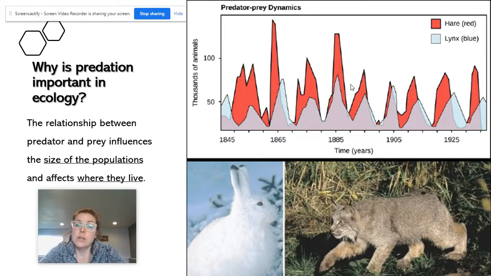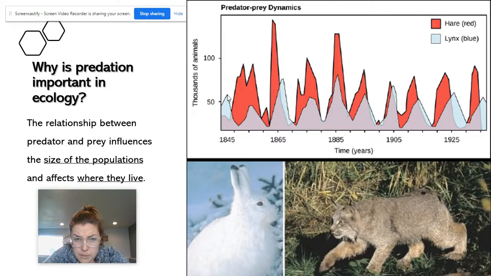Little background. We have number of animals on this side, and we have the time on here. So over time, both populations fluctuate. Are they influenced by each other? Heck yeah, they are. Let's just start at the peak of this blue part.